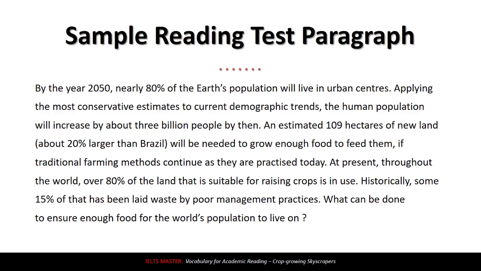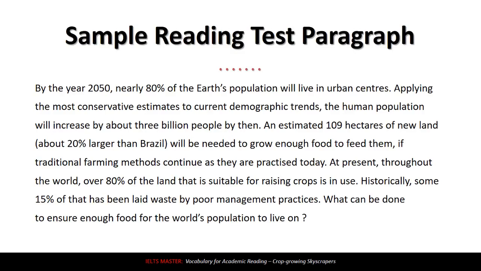At present, throughout the world, over 80% of the land that is suitable for raising crops is in use. Historically, some 15% of that has been laid waste by poor management practices. What can be done to ensure enough food for the world's population to live on?